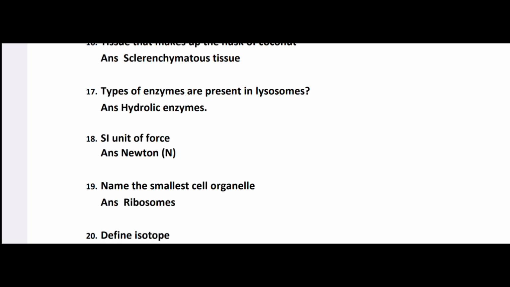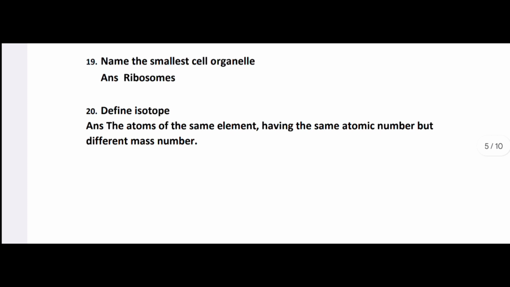Now SI unit of force is Newton. Symbol is capital N. Name the smallest cell organelle: ribosomes. It is non-membranous also. It is responsible for protein synthesis and it is manufactured by the nucleolus.